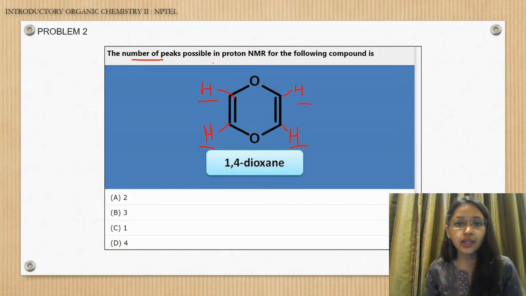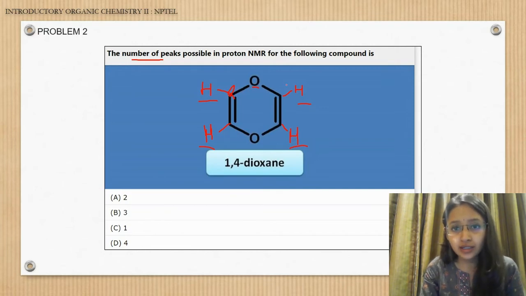If you have more than one set of hydrogens that are chemically equivalent, first you have to know that these protons are all sp2 hybridized, right? All have the same environment. How? For this hydrogen, the oxygen is present in the vicinity. For this hydrogen, oxygen is also present in the vicinity.